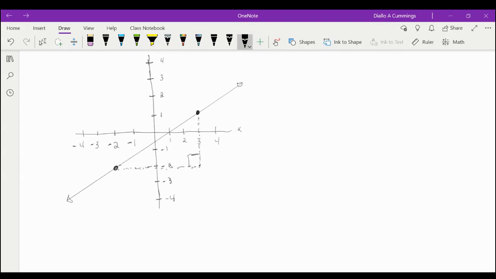So now we're going to talk about the slope, which is the rise over the run. The rise is the up and down movement. Whatever this distance is, that's going to be my rise. A rise can be positive or a rise can be negative. And my run goes from left to right, so this distance is my run.